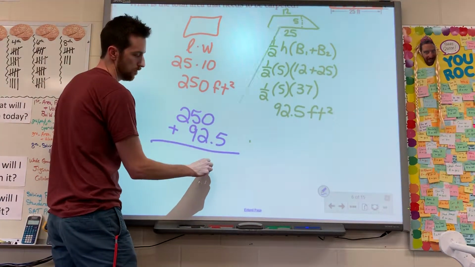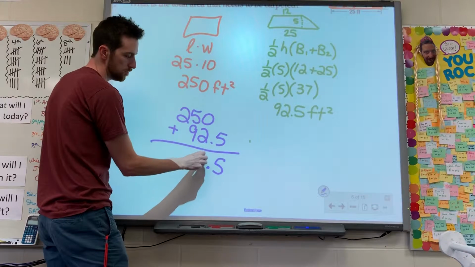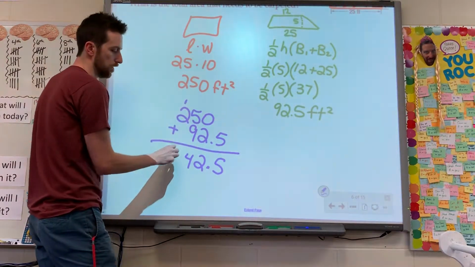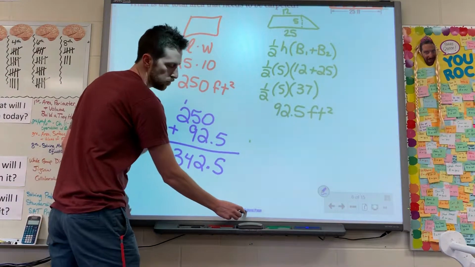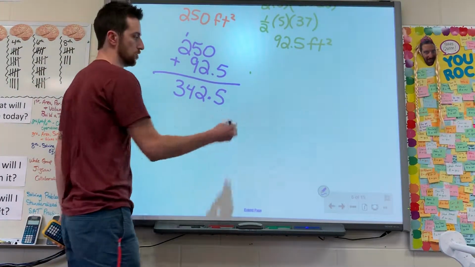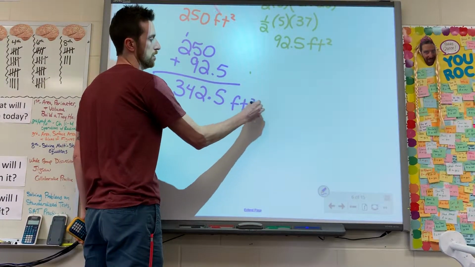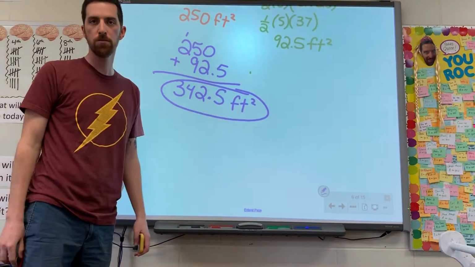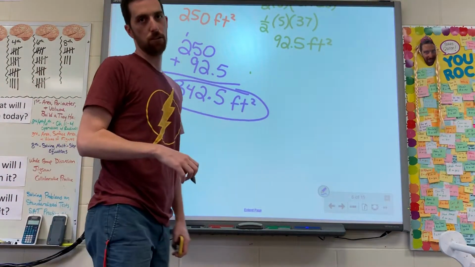Let's see, we got the 0.5. 0 plus 2 is 2. 5 plus 9 is 14. Carry the 1. 342.5. And don't forget your units. Feet squared. Cool? All right, we're going to try another one.